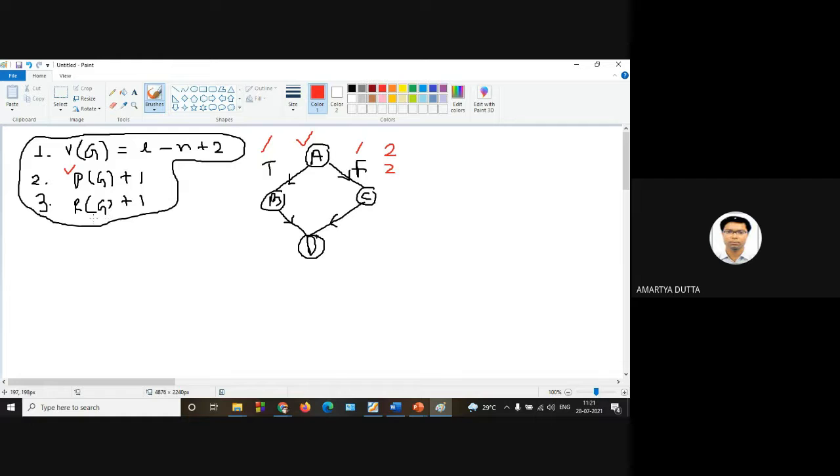The third rule is the number of closed regions plus 1. Only one closed region is there, so 1 plus 1 is 2. So in these 3 ways, we can get the cyclomatic complexity of this graph. Is it clear?